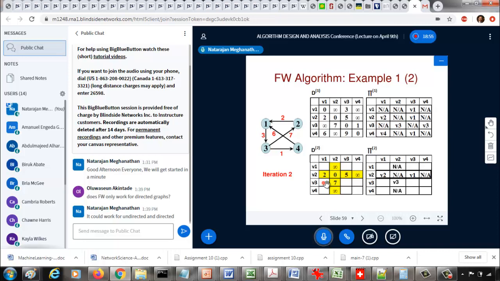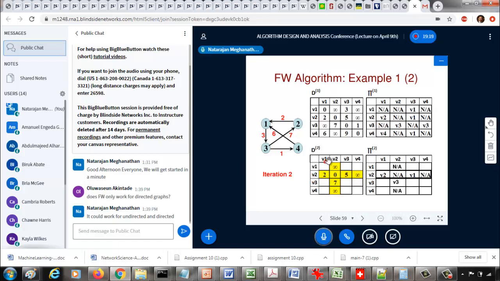Since I'm going to go through V2, look into the row for V2 and see what is the predecessor to reach from V3 to V1. From V3 to V1, that's the cell we are updating. So look at what is the predecessor now from V2 to V1. Okay, so that's going to be V2. So we are trying to go through V2 to reach V1 from V3.